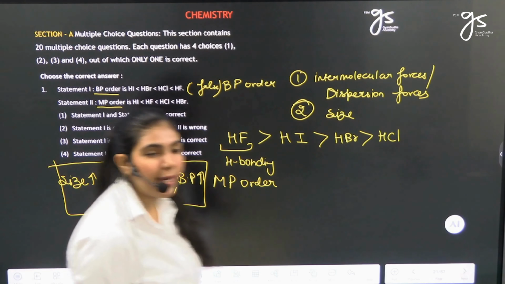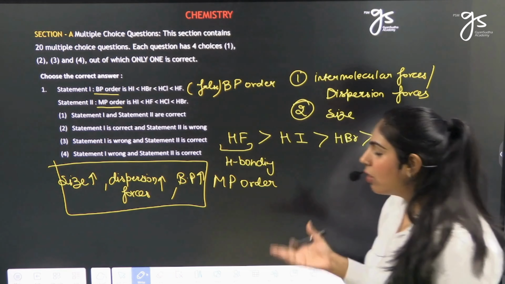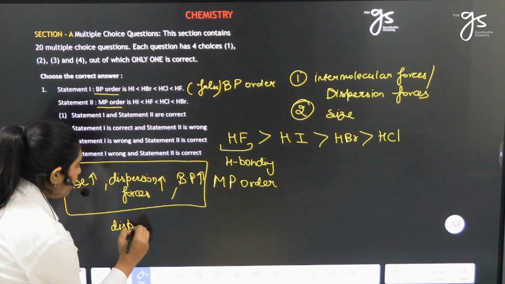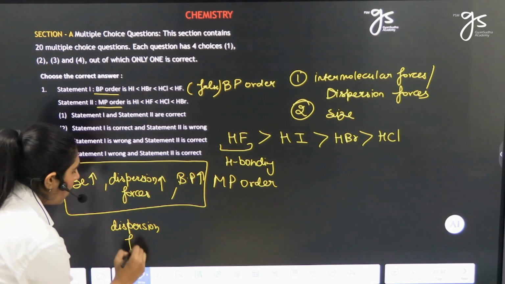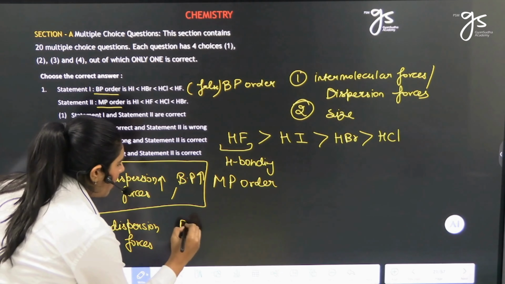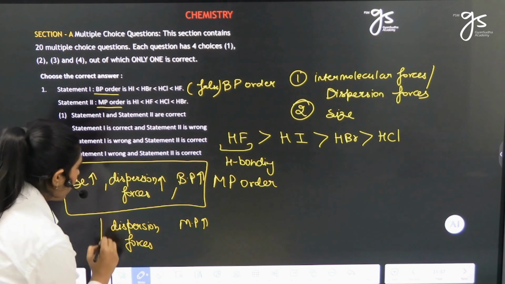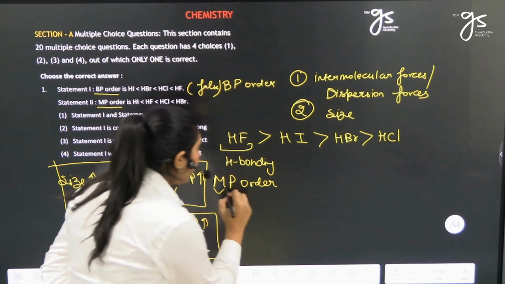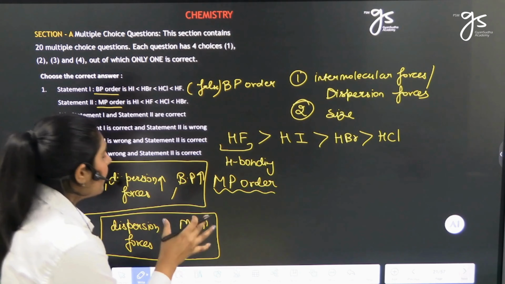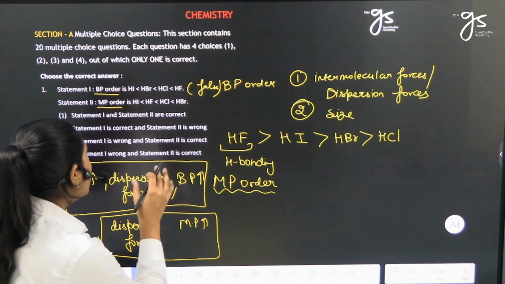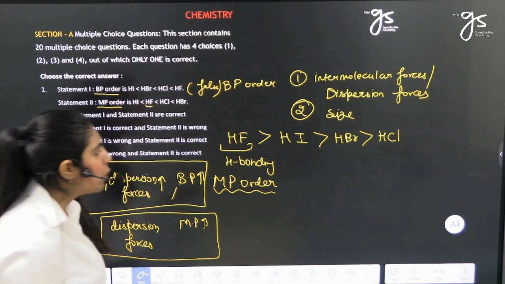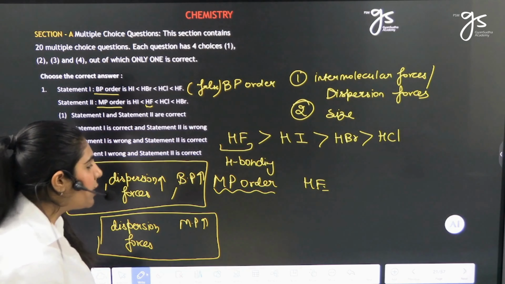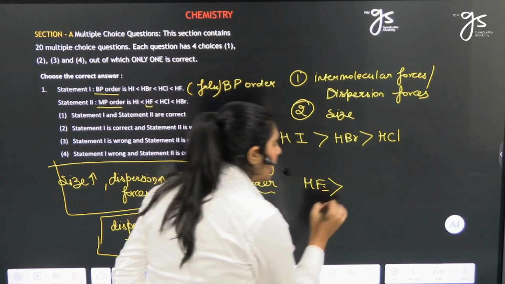For the melting point orders as well, the dispersion forces increase, which leads to the melting point increase. In this order, there is strong hydrogen bonding in HF, so HF has the strongest intermolecular force, due to which the melting point of HF will be the greatest.